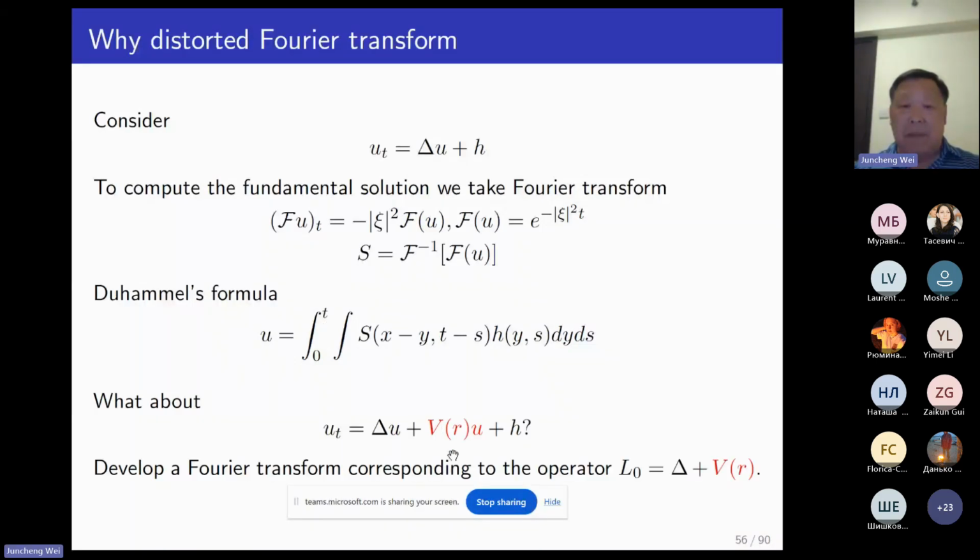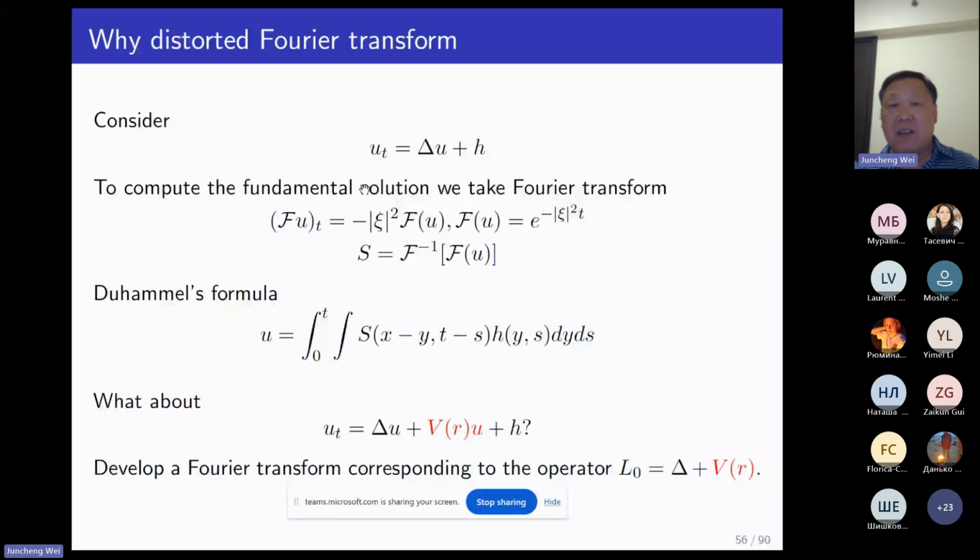Now our problem is u_t equals Laplace u plus some potential times u plus h. So what we need is a Fourier transform which corresponds to this operator, so that this same property works.